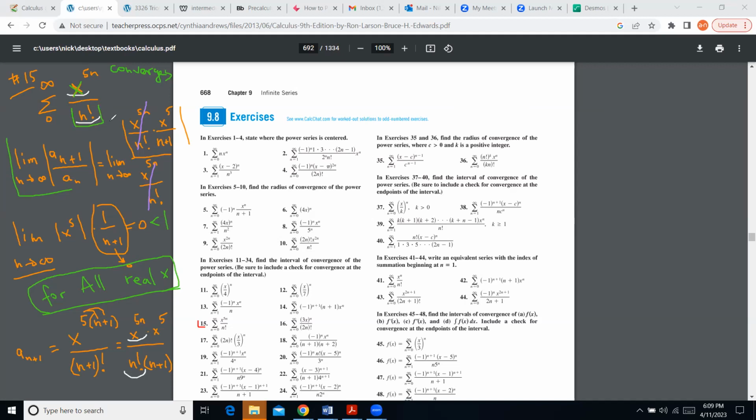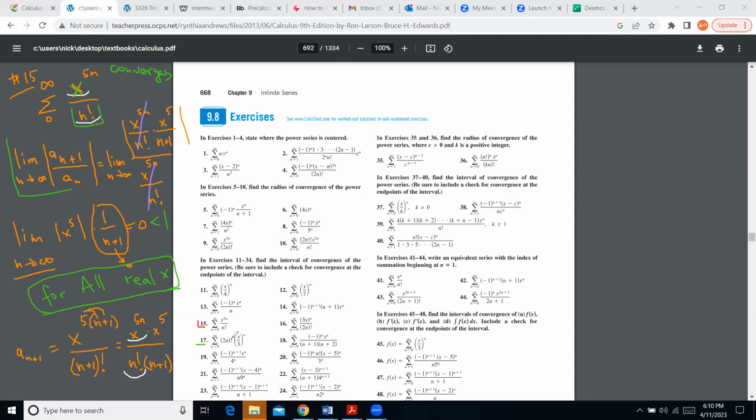If it's in the numerator, usually it's vice versa, and everything will probably diverge. You can try an exercise like number 17 and see what happens when n factorial is in the numerator. So those are not that interesting.